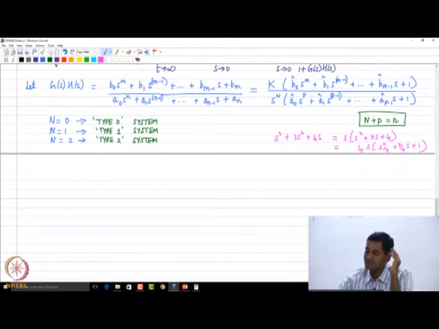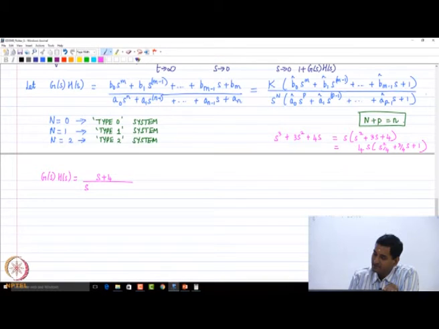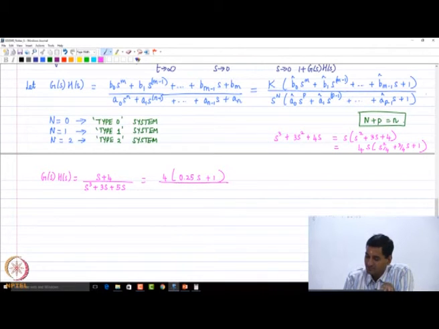Let me once again do another example. Then I think we'll stop here and then we'll continue. So let's say I have s plus 4 divided by s cubed plus 3s squared plus, let's say I change the number, 5s. So what I do is I take 4 out in the numerator, I make it 0.25s plus 1. Am I correct? Please stop me if I am making a mistake. And then I take 5s common in the denominator.